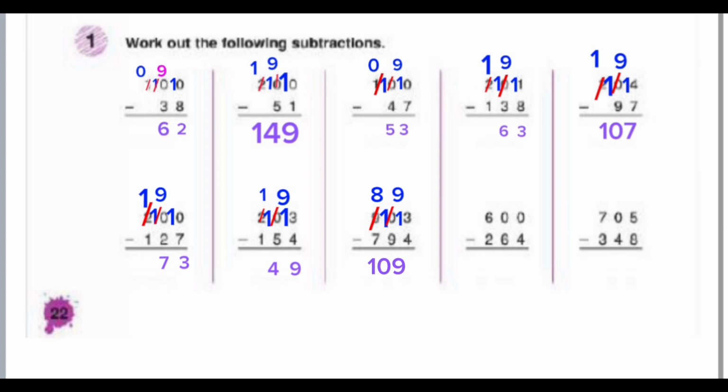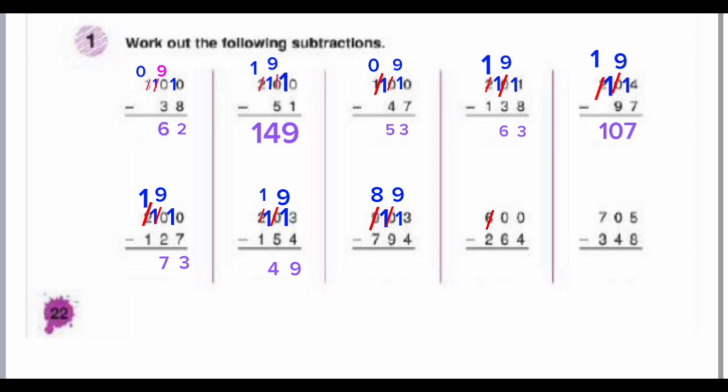So the answer is 109. Next, 5 borrows from the tens digit, but it is also 0. So now the 0 in the tens digit will borrow from the hundreds. That will become 5. And the tens will become 10. So now the ones digit, which is 0, will borrow from the tens digit.